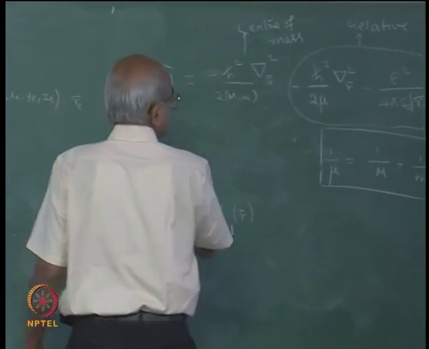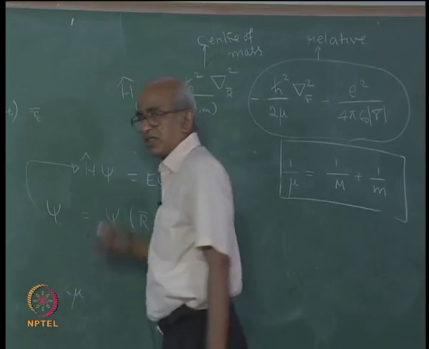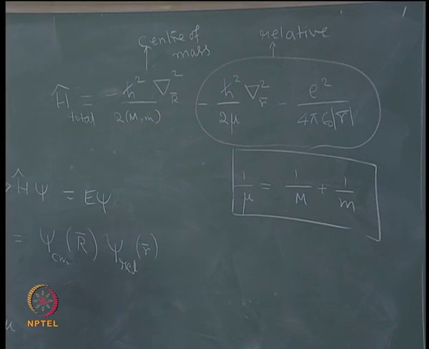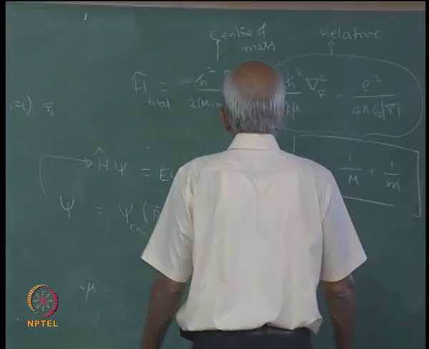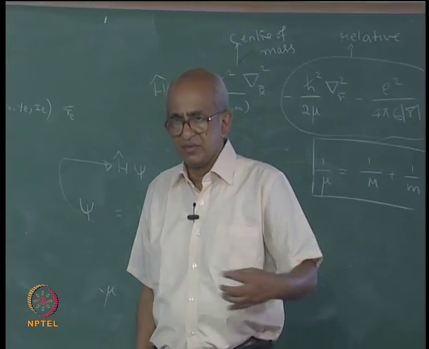So, I could say that H total, if you like, I can add a subscript here, because this now has a translational motion as well as a relative motion inside it, explicitly. Translational motion is simple, it is just the motion of a free particle.